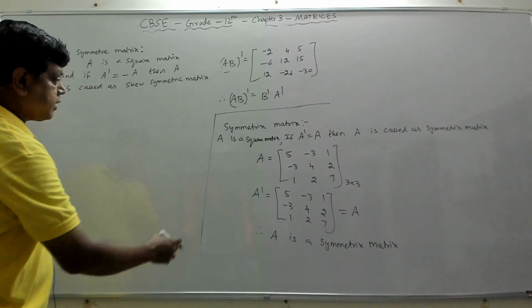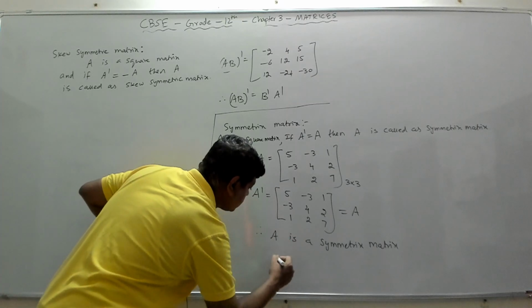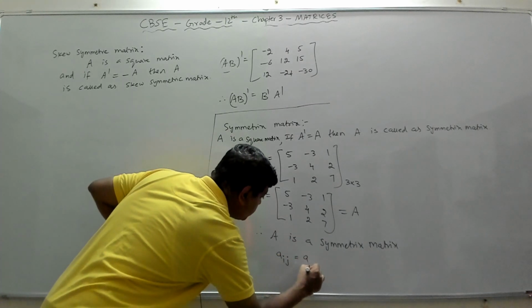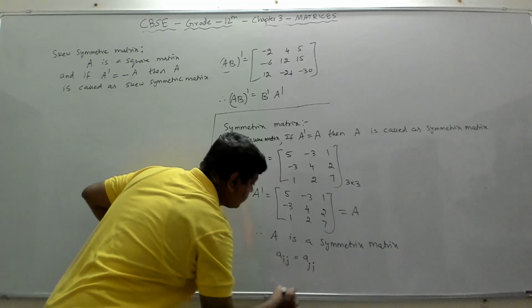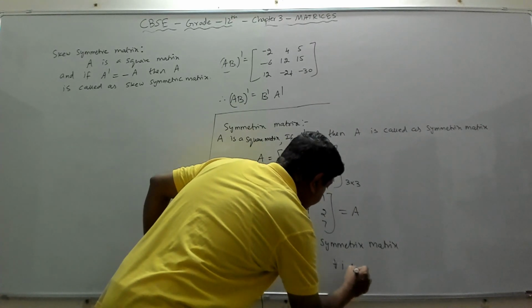See, here also we can say in general, if A transpose equals A, then for a symmetric matrix, Aij will be equal to Aji for every i, j.